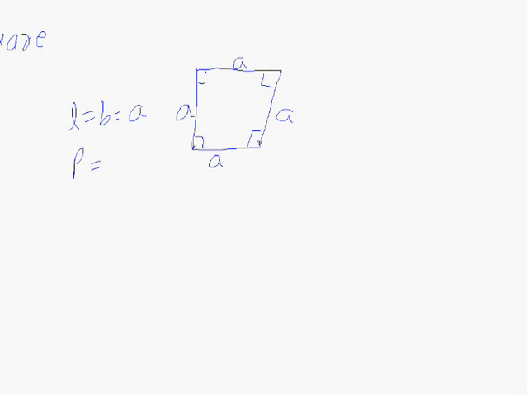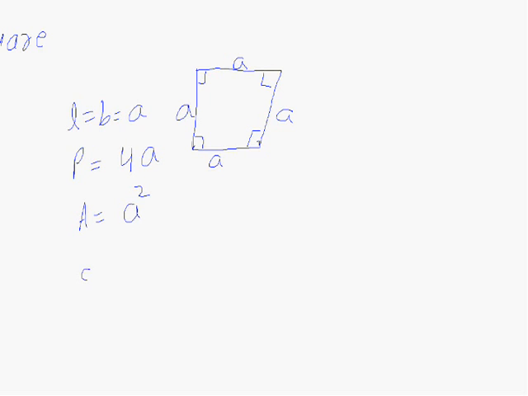The perimeter means the length of the boundaries, that is A plus A plus A plus A, which means 4 times A. The area of a rectangle is length into breadth, that is A into A, which is A square, or the side square.